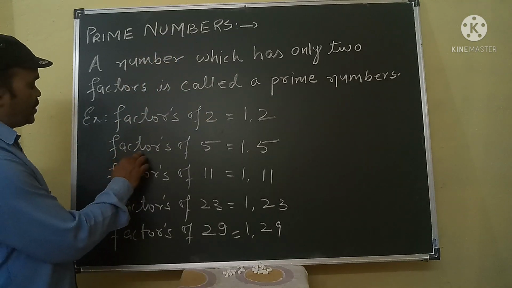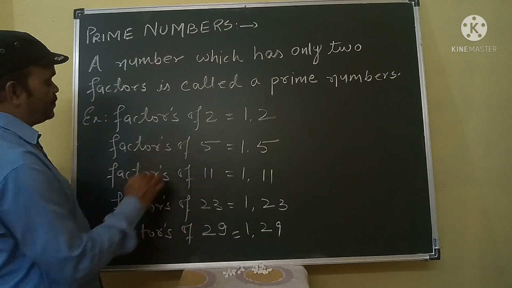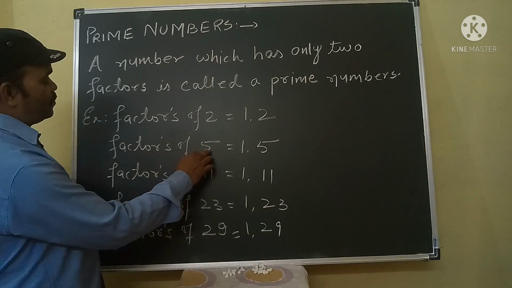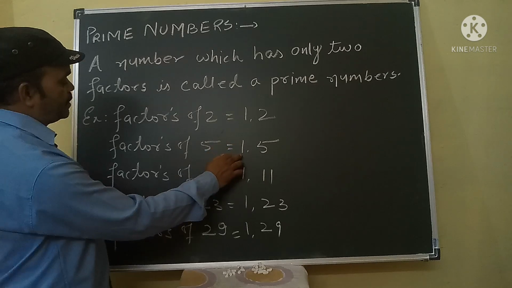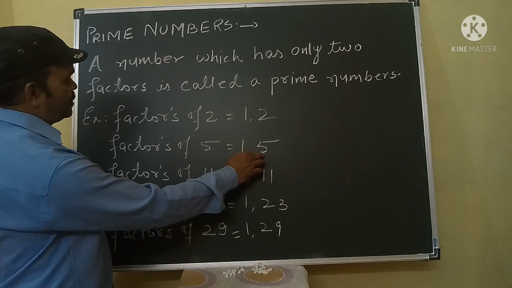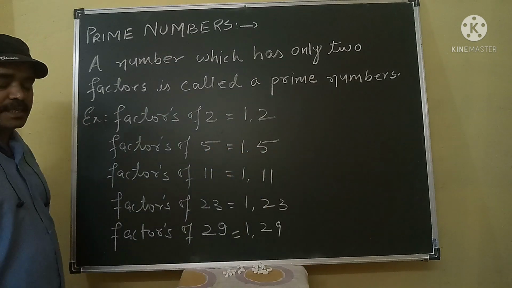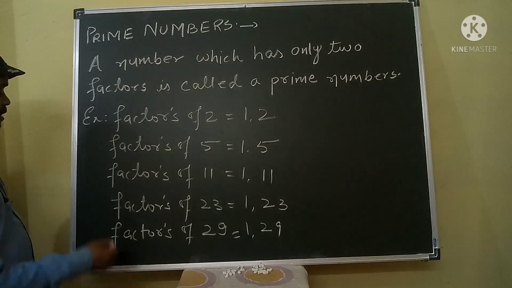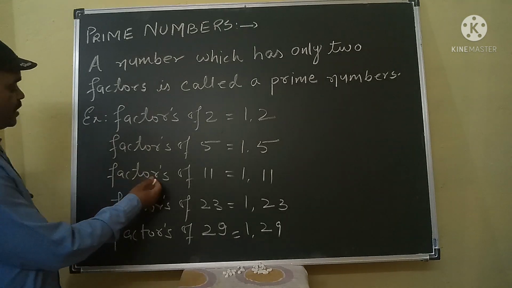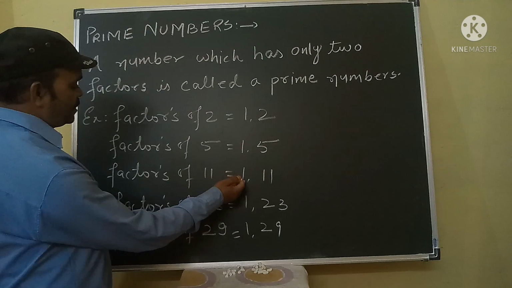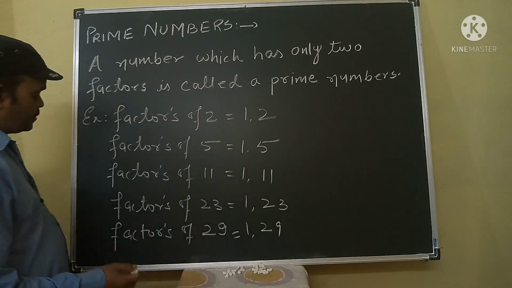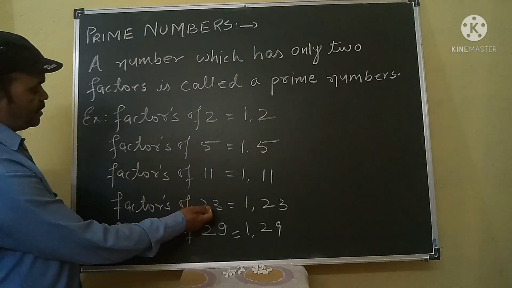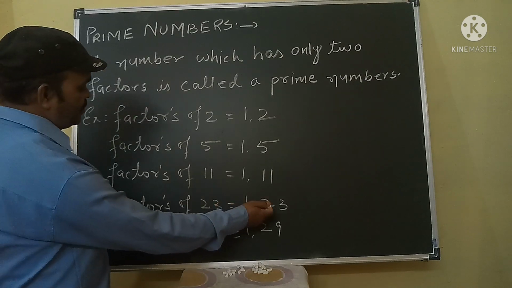You want to find out the factors of 5. The factors of 5 are 1 and 5, that is itself. Again, for example, the factors of 11 are 1 and 11. Factors of 23 are 1 and 23.